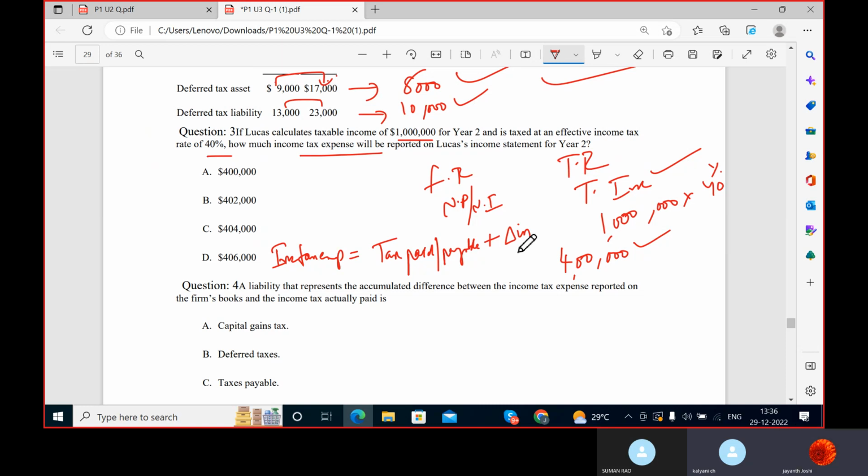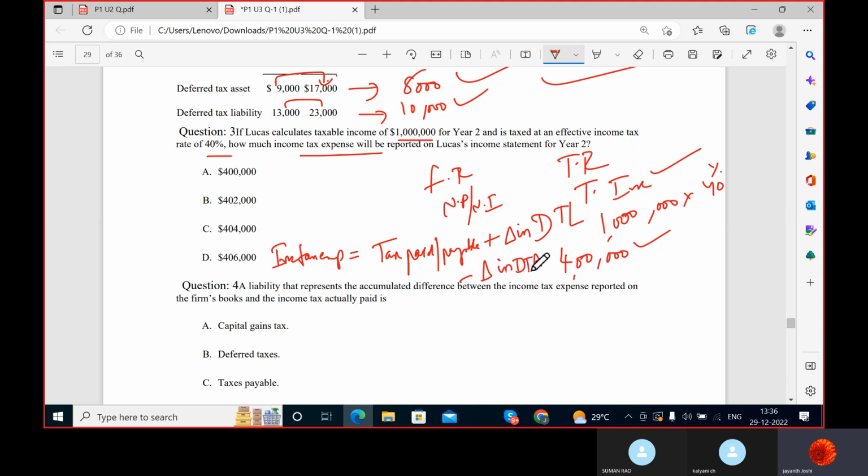Deferred tax asset will reduce your taxes or increase your taxes? Reduce your taxes. So difference in DTL, deferred tax liability, subtract difference in DTA.